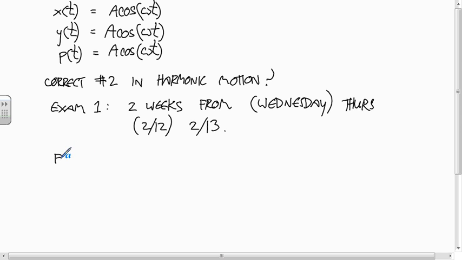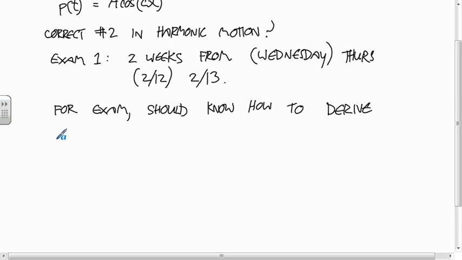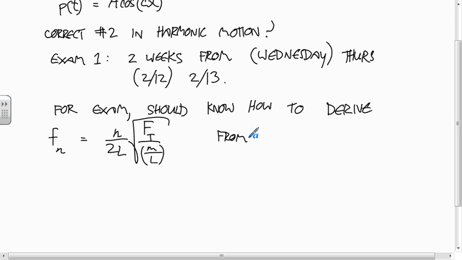With the exception of, I think I might have, so, you should know how to do this. You should know how to derive the equation for the nth frequency of a standing wave from three equations.